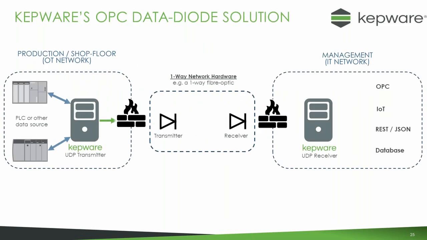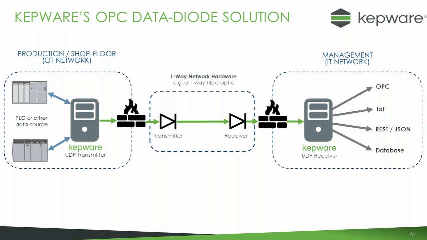So here is a diagram that explains how the KEPSERVER solution works. What you have on the left-hand side is a copy of KEPWARE. It's talking to the PLCs, and the data is being pushed into a special driver within the copy of KEPSERVER down on the OT network, which is a UDP client application, and that UDP client application we call the UDP transmitter.